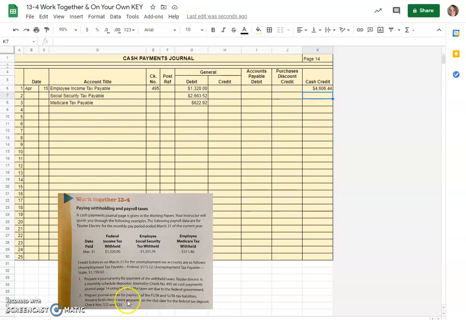All right, so that's the end of the first one. And now we need to do the entries for FUTA and SUTA tax liabilities, check number 522 and 523. So these will both be at the end of the next month. So we'll put the 30th here.